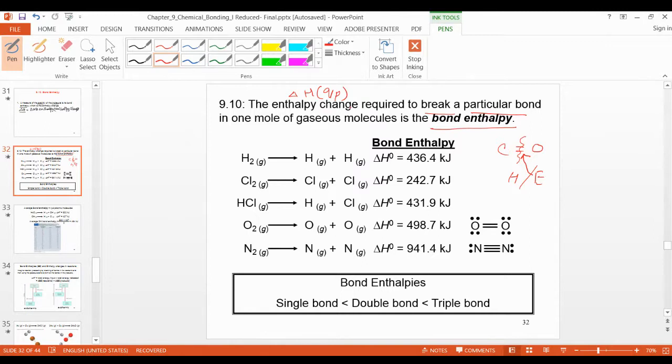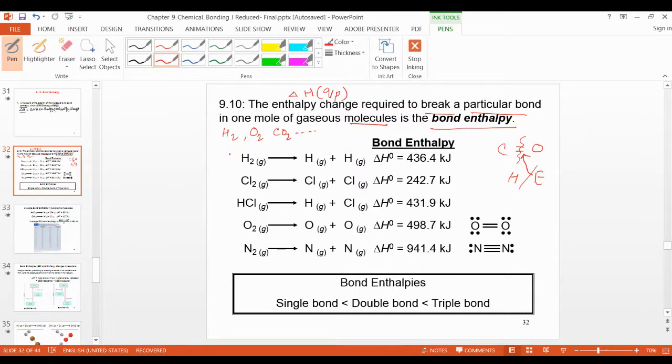The particular bond in 1 mole of a gaseous molecule. Suppose you have this gaseous molecule, oxygen, carbon dioxide, or whatever molecules we have. If you break any bond in 1 mole of gaseous molecule, that is called bond enthalpy.